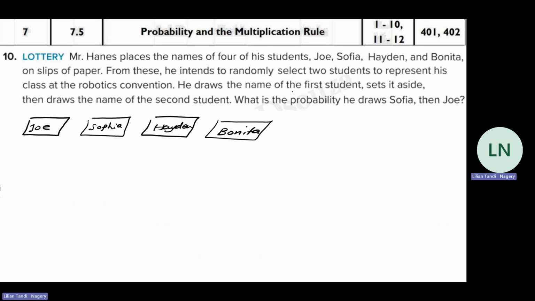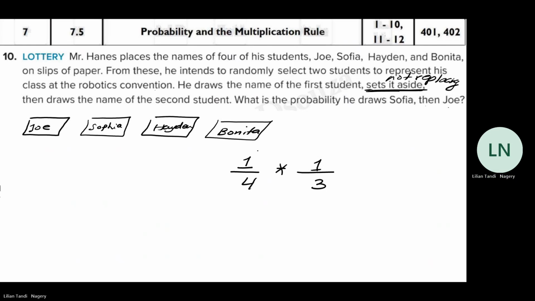From these, he intends to randomly select 2 students to represent his classroom at the robotics convention. He draws the name of the first student and sets it aside, not replacing. So dependent, 4 and 3. Then he draws the name of the second student. What's the probability he draws Sophia? There is only one Sophia. And then Joe. There is only one Joe.